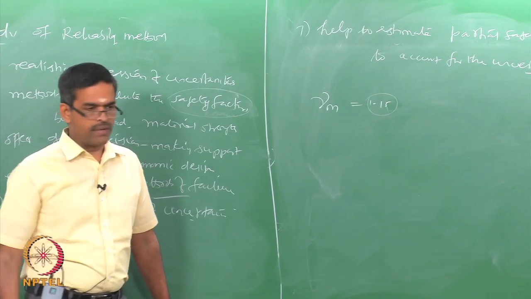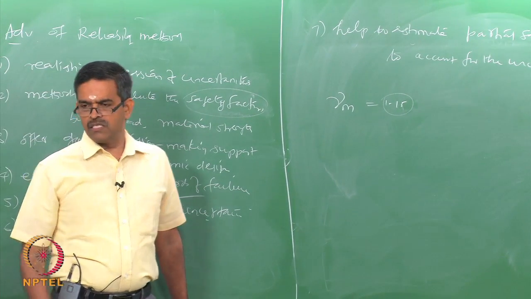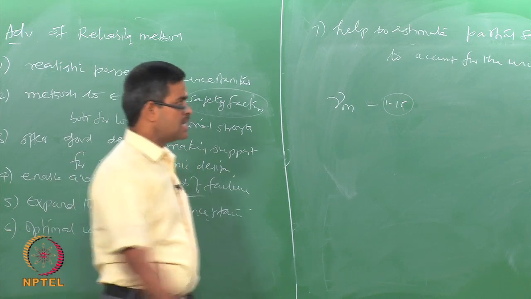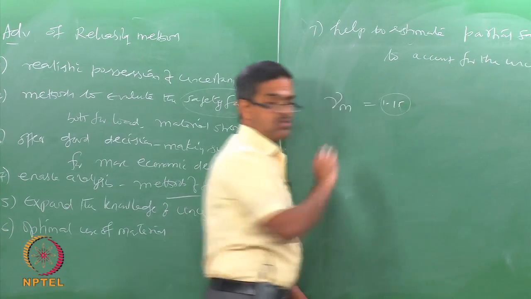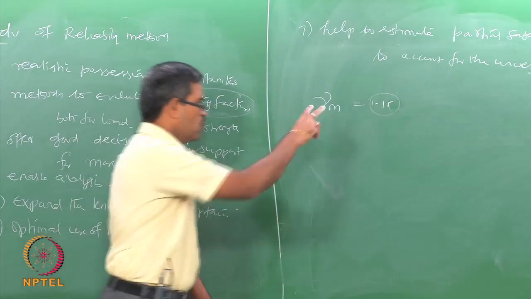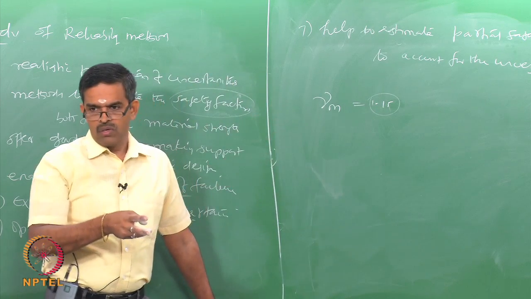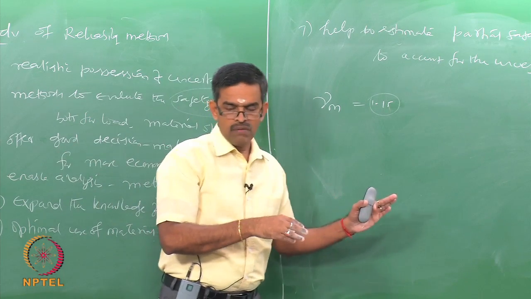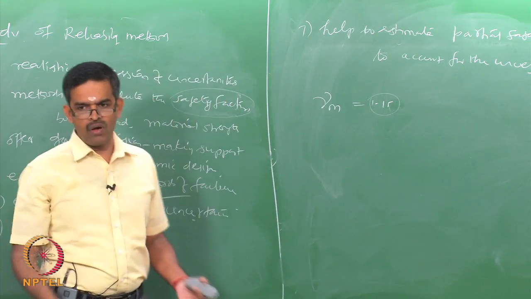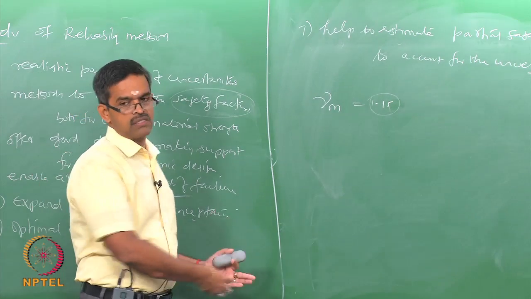Now, without knowing the uncertainties in this variation, a partial safety factor is recommended in the codes, which can be used as a tool to account for uncertainties without even knowing the details about these uncertainties.